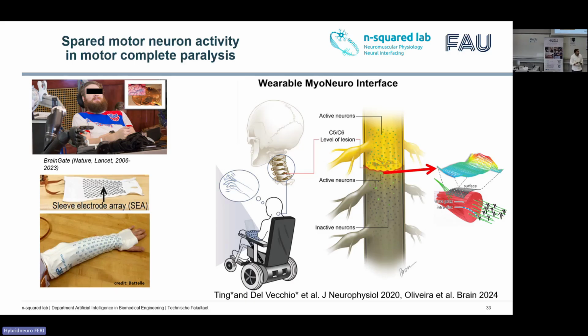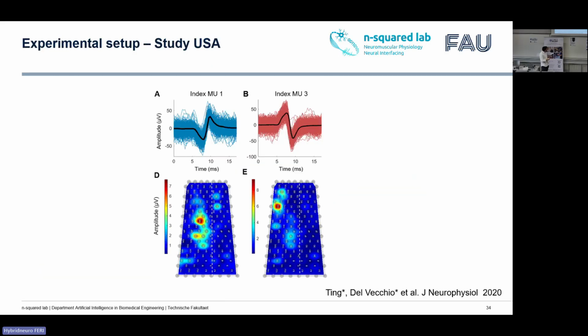The spinal cord injury is a traumatic accident, for example, falling from a bike or a motorcycle. This contusion always leaves some spared connections. And these spared connections are very precious, because we can tap into these spared neurons and let the patient see again some movements that are functionally lost, but not lost from an EMG perspective. And this is what we saw.